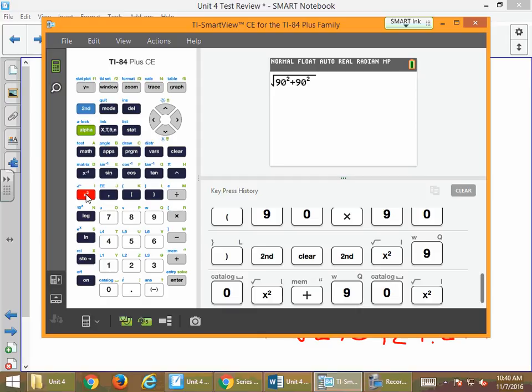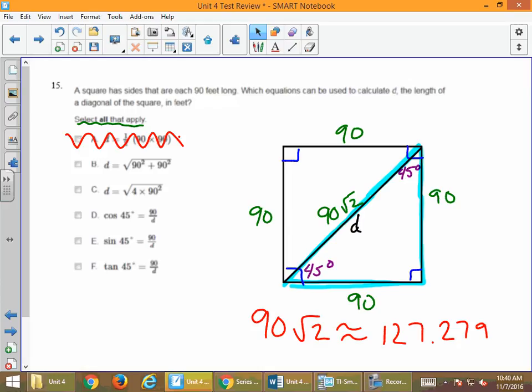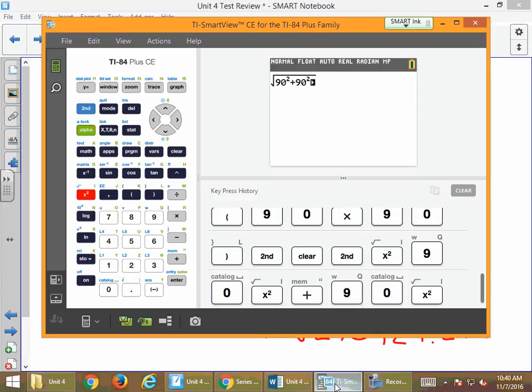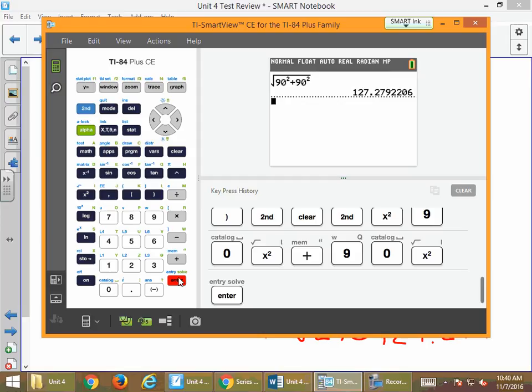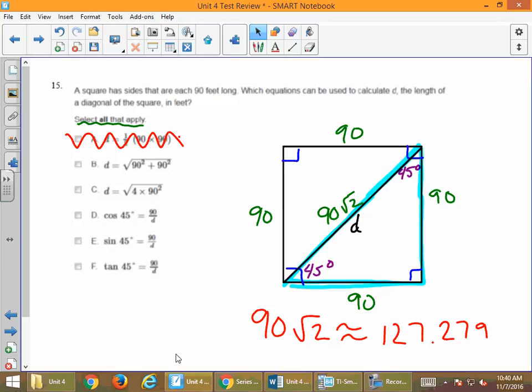Did that give us this decimal? Yep, it gives you 127.279. So we know this is going to be one of our answers. It's equal.